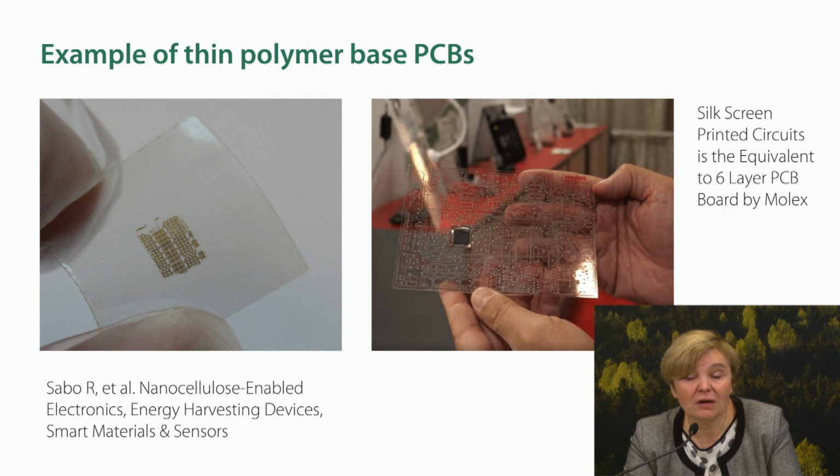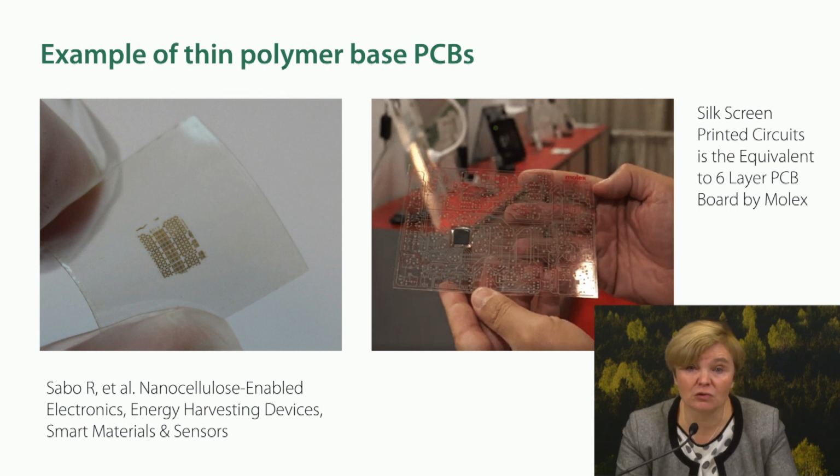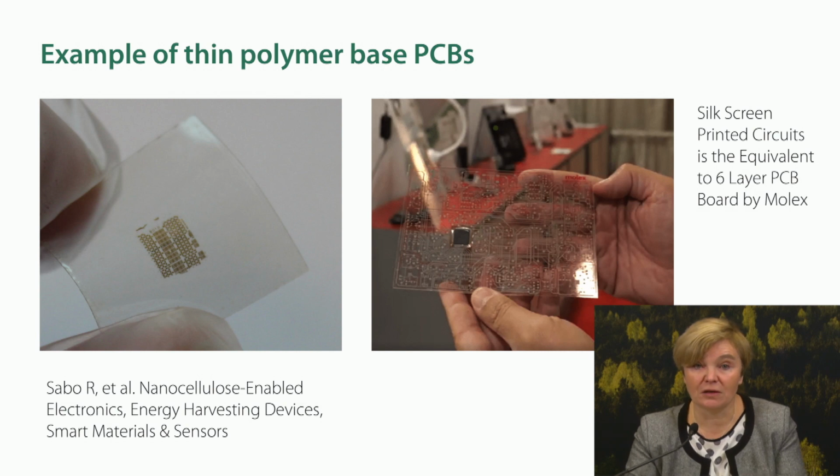Additive manufacturing is actually a more advantageous method for that and more suitable for polymeric substrates, because it doesn't need chemicals which polymers usually can't withstand, as in the etching processes usually used in conventional electronic production. Also the temperatures used for additive manufacturing are much lower than in subtractive manufacturing.